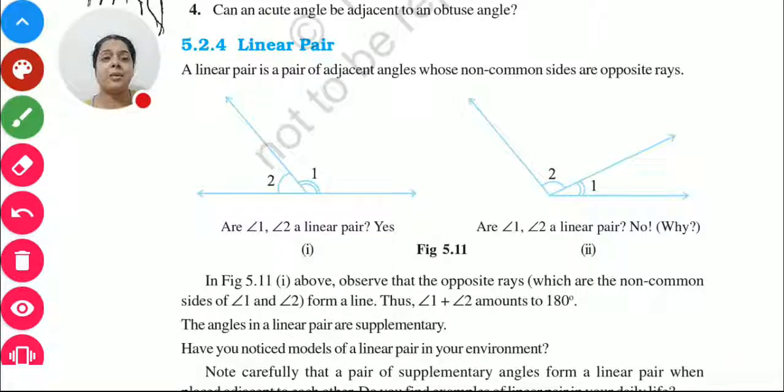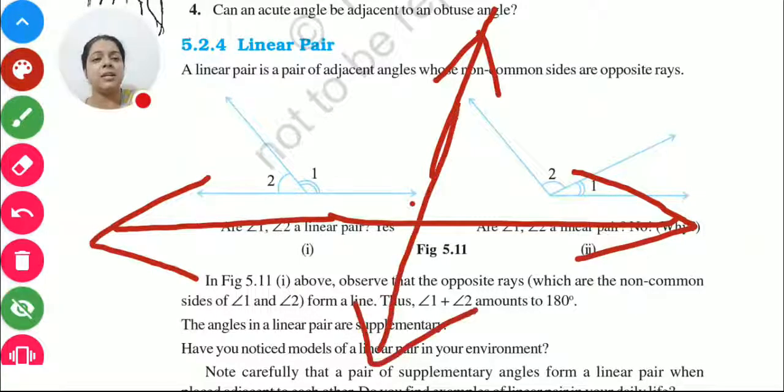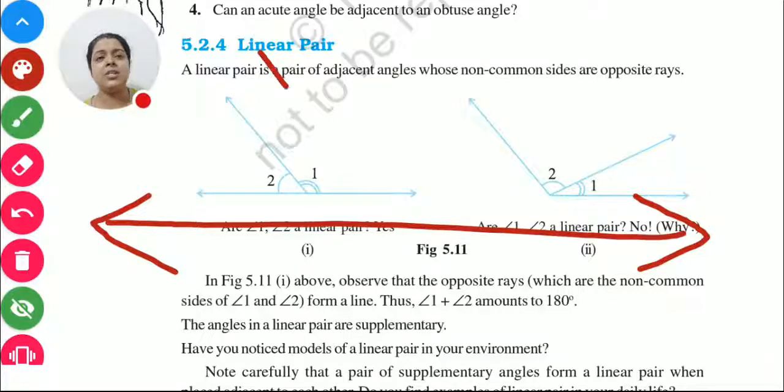Opposite rays means one ray goes this side, another ray goes this side. What exactly is it? It is just like a straight line. The arms which are uncommon are opposite to each other. Remember, in a linear pair, the arms which are uncommon matter, because when we talked about adjacent angles, we talked about the common arm.